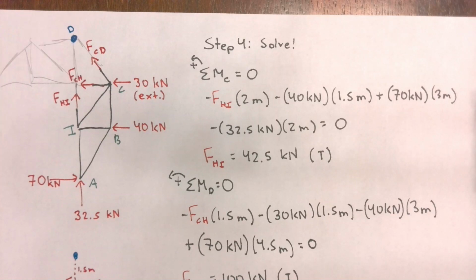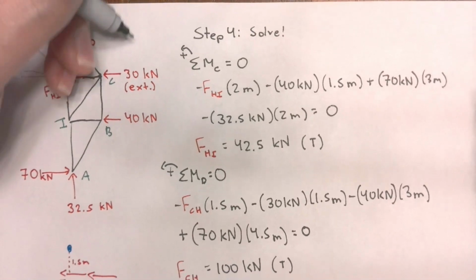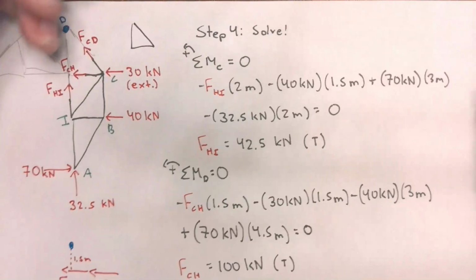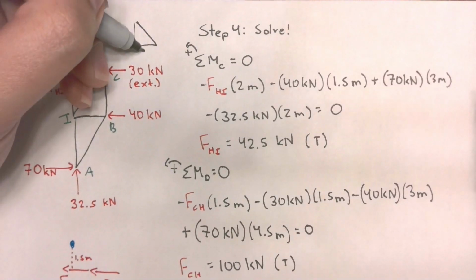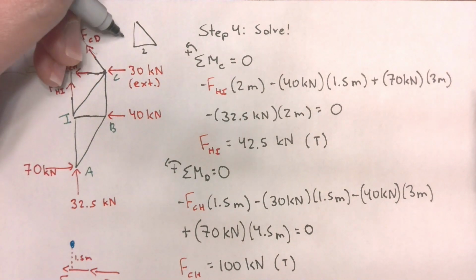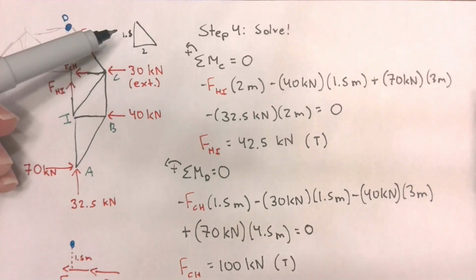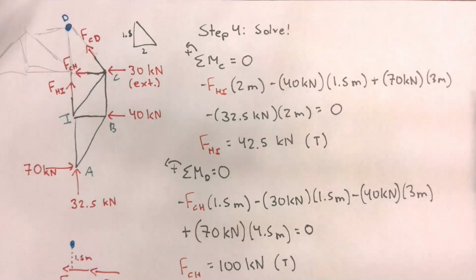This y component has to follow the slope of this bar. Now I'm going to draw the triangle here. We had an x displacement of 2 meters and a y displacement of 1.5 meters. So 2, 1.5, this is a 3, 4, 5 triangle, which means the hypotenuse should be equal to 2.5.